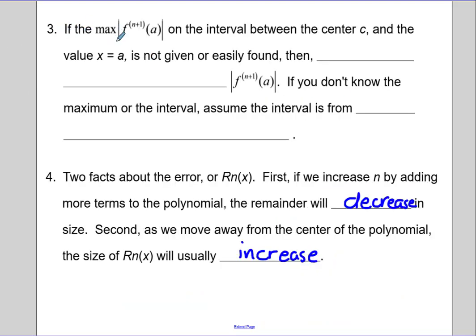Number 3, if the maximum of that first unused derivative on the interval between the center c and our a value is not given or it's not easily found, then we'll be able to choose the first known reasonable number that's greater than that n plus 1 derivative.